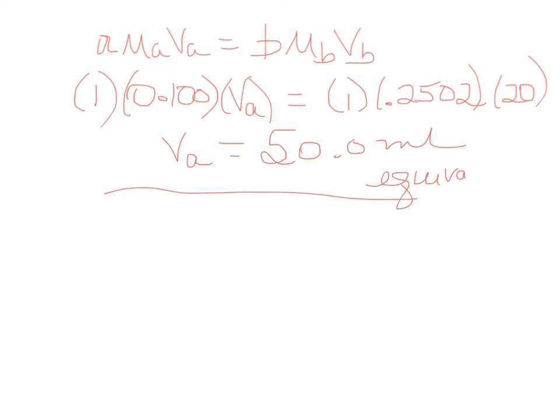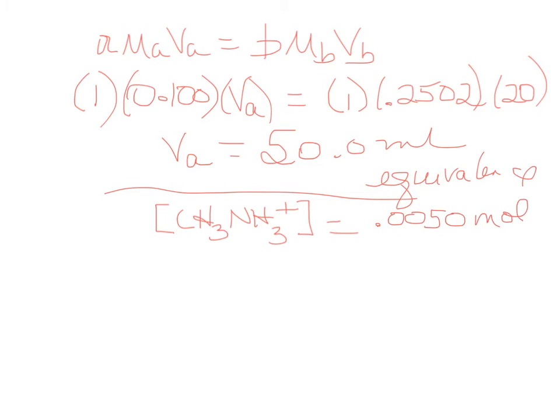So now we go back to our total volume. The concentration of the conjugate acid that was formed at the equivalence point is 0.005 moles, which we calculated on the last page.